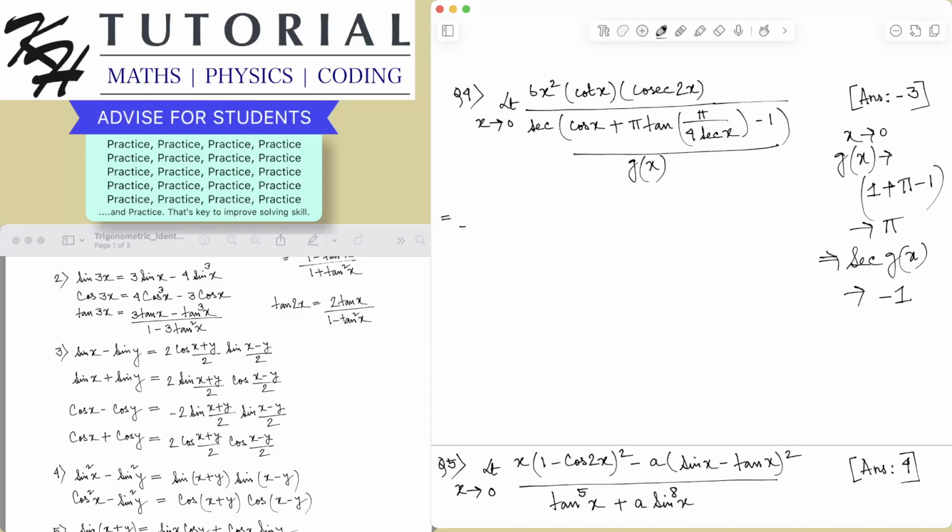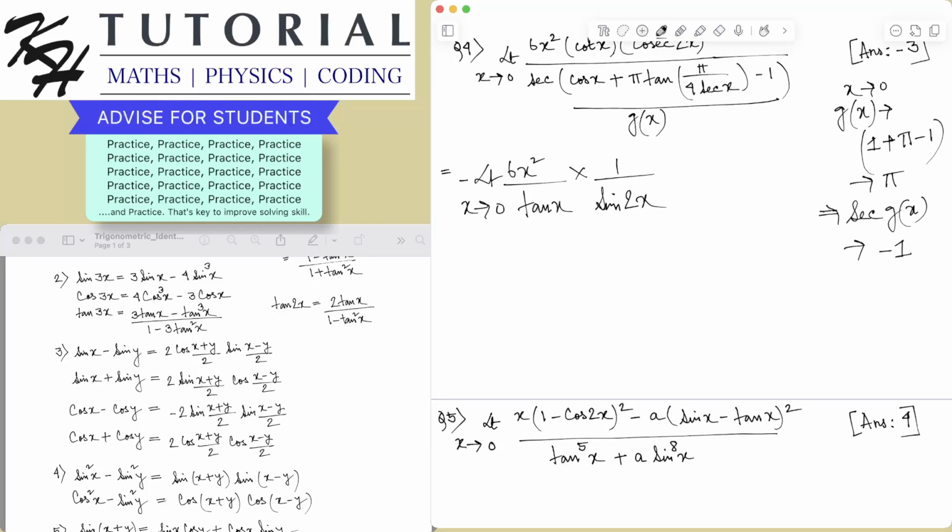So this is equal to minus of limit x tending to 0 of 6x square, cot x is 1 by tan x, multiplied by 1 by sine 2x. It's easy.